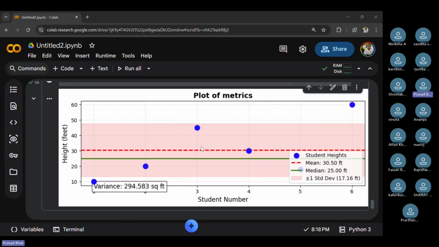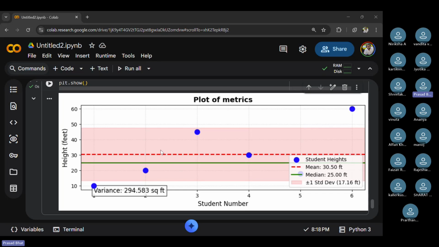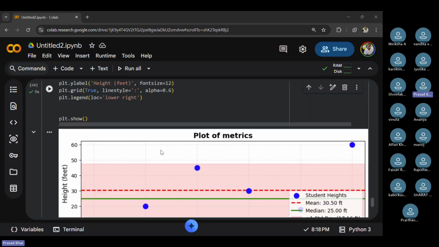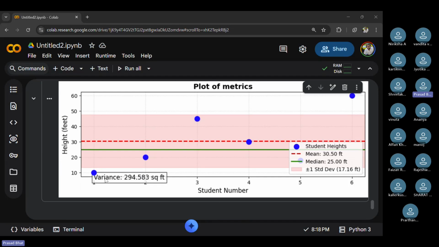Now I think you can make use of this to understand the concepts. All these blue dots represent the different data points that we have. Here it was written for height and student number, from the previous data set, but you can ignore these names. Here we actually have house number 1, 2, 3, 4, 5, 6, and prices in lakhs.